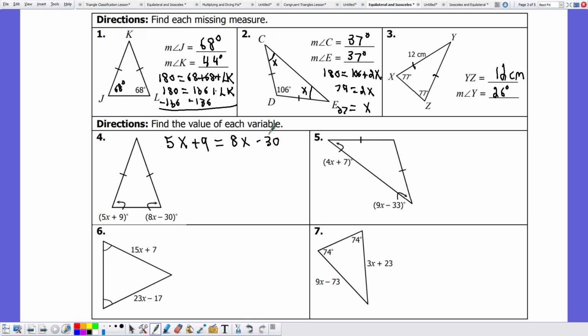So what I can do from here is add 30 on both sides. We have 5x plus 39 equals 8x. Then we want to subtract 5x on both sides.